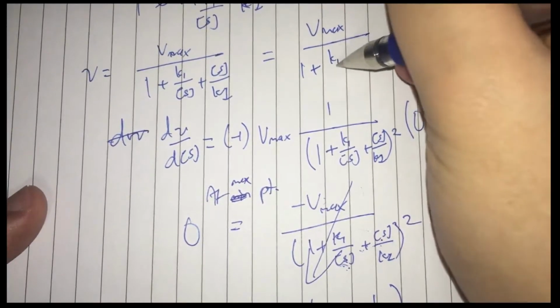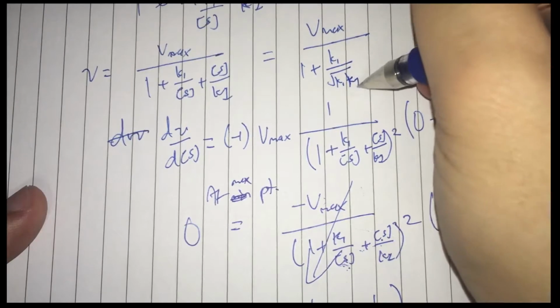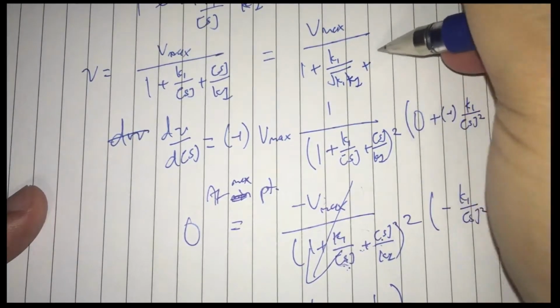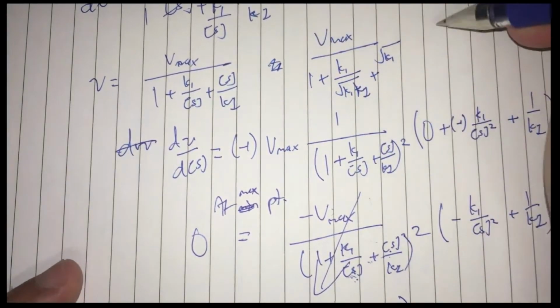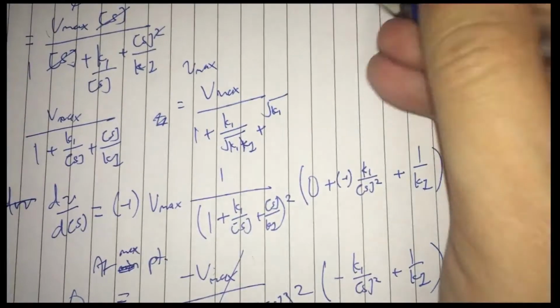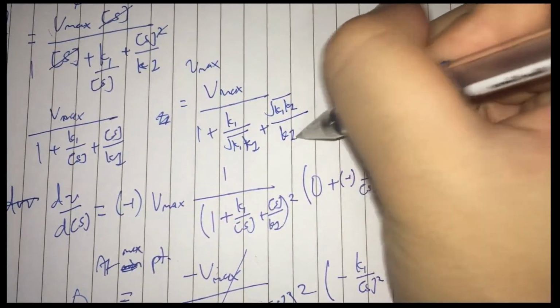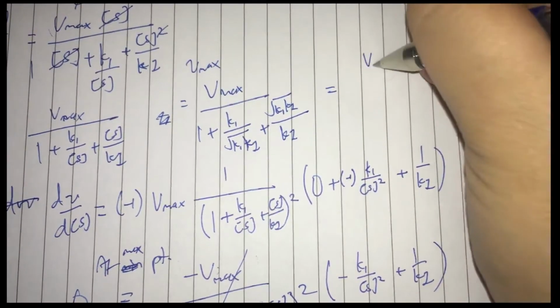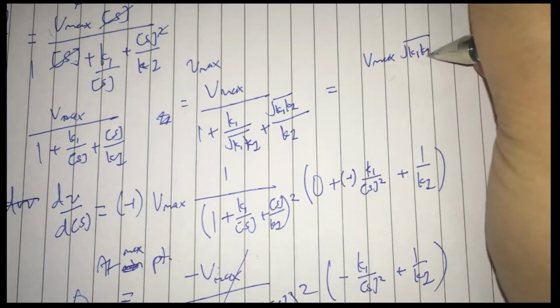1 plus K1 plus the K1 Ki plus, so this is Vmax, K1 Ki over Ki, and that will equal Vmax, the root of K1 Ki.